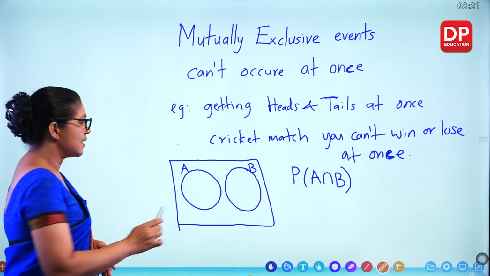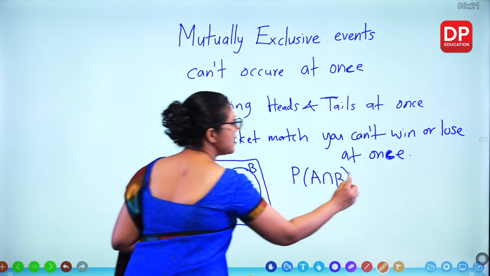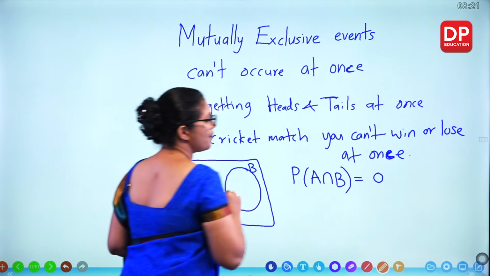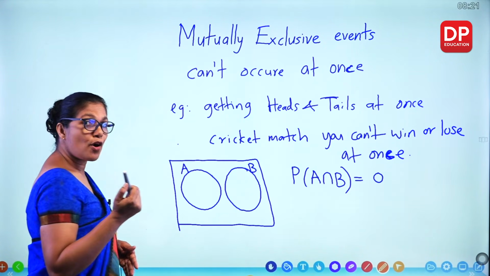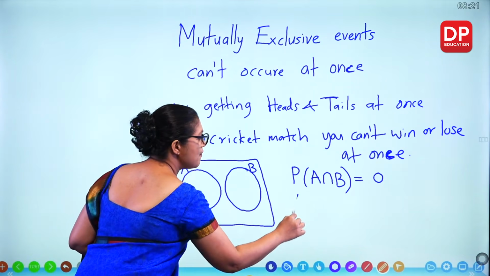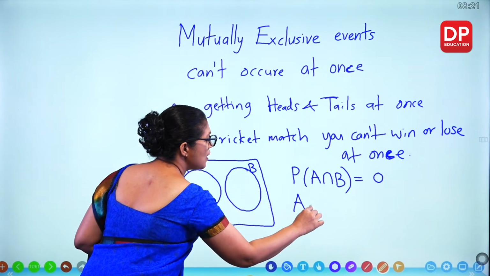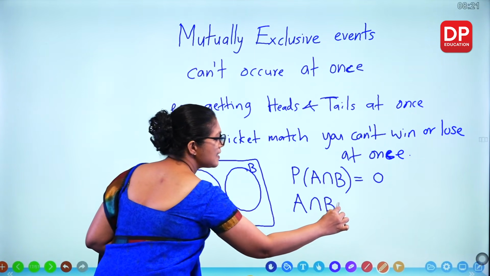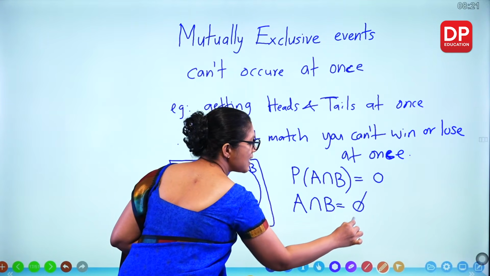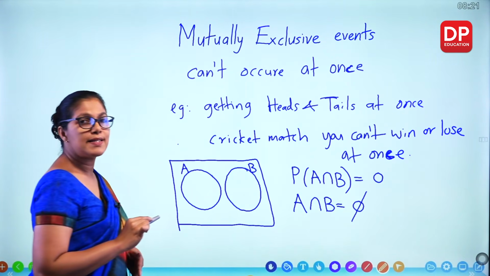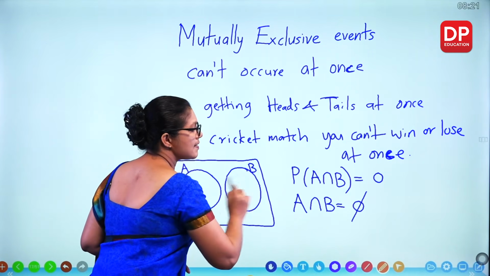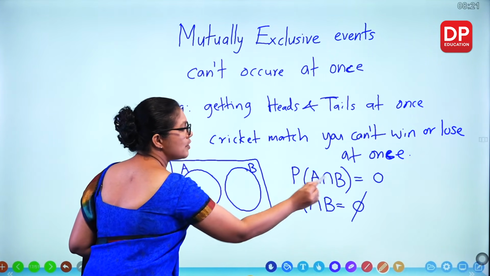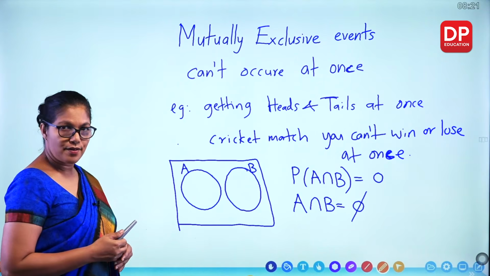You get nothing. So nothing means 0. Two events are mutually exclusive means it's an empty set. There are no elements in the intersection. So the intersection is null and therefore the probability is 0.